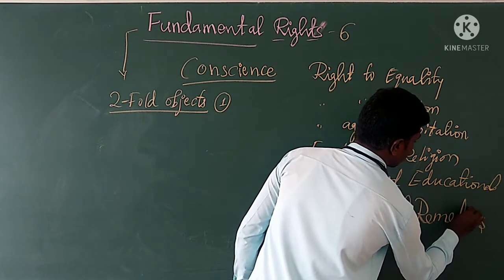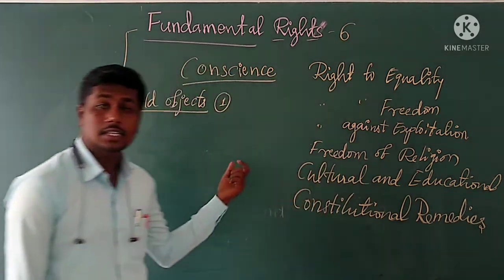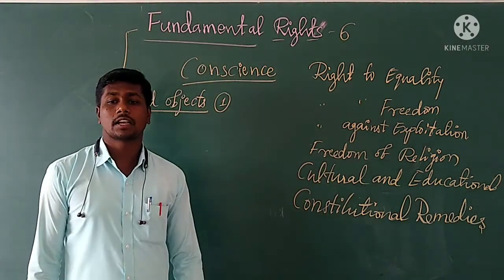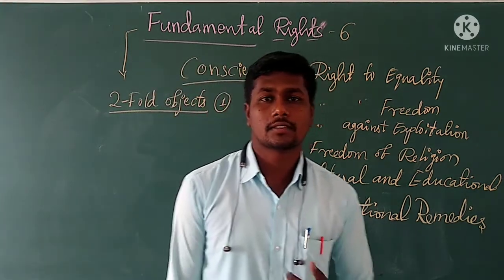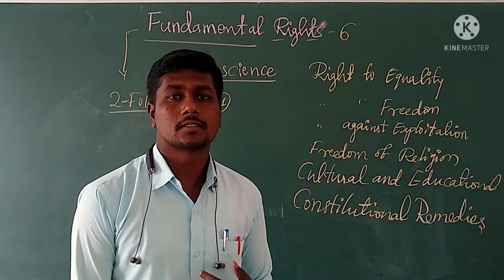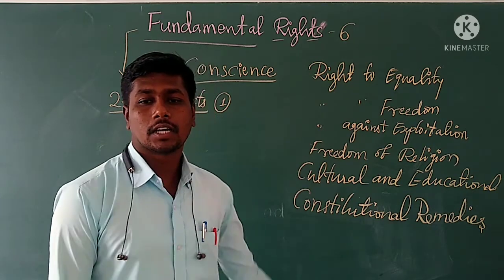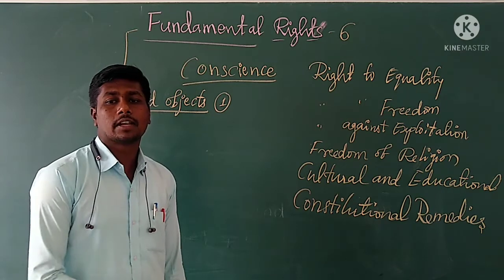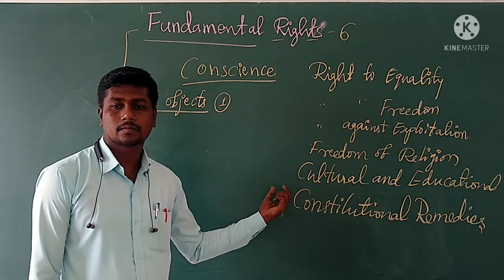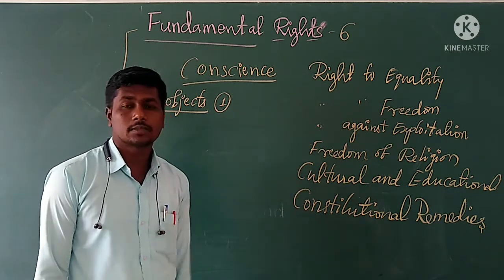So these are the 6 fundamental rights. These are the altogether 6 fundamental rights given to us by our constitution to protect us, to safeguard us in a democratic country. So these are the 6 fundamental rights as mentioned on this board.